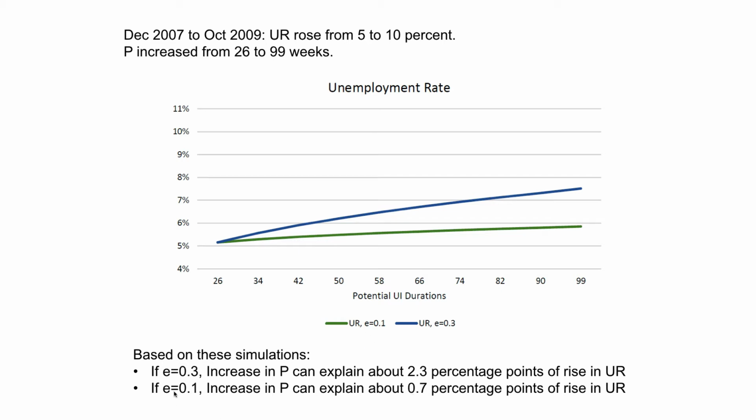On the other hand, if E is equal to 0.1, a much smaller number, the increase in potential benefit durations can only explain an increase of about 0.7 percentage points of the rise in the unemployment rate, as you can see here. In that case, the effect of UI during the Great Recession was relatively limited.